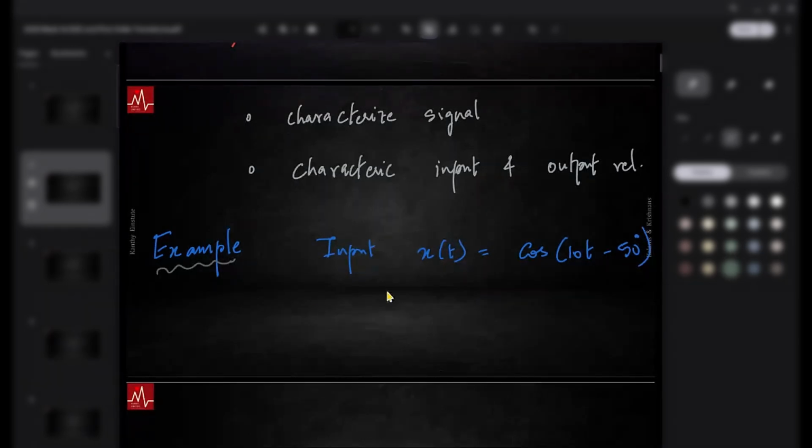Then you have your system transfer function. This is H of s, let's say 1 by s plus 5.